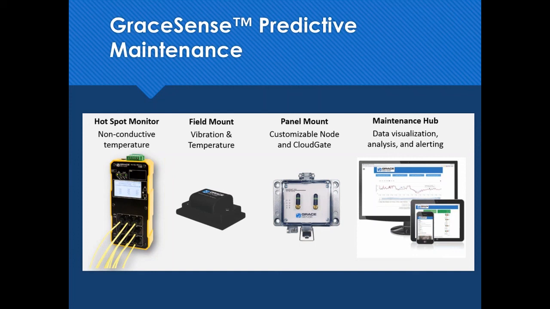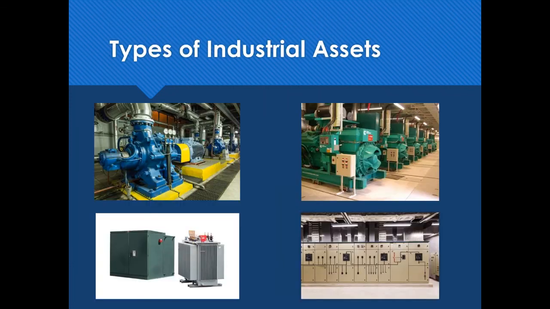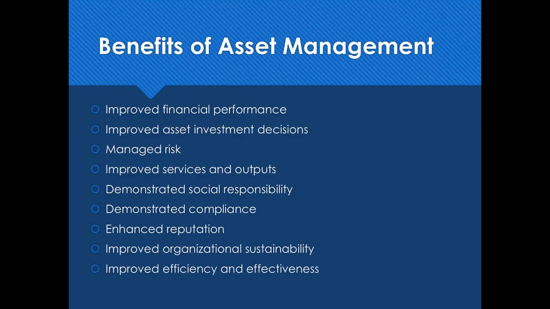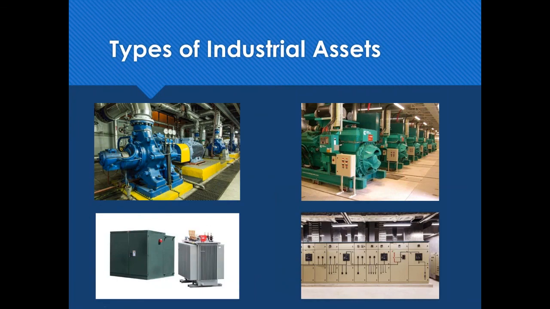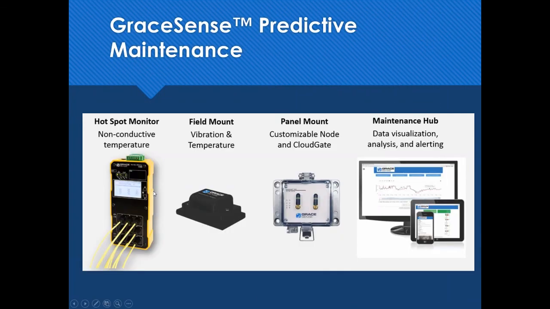So everything I'm showing here, if you go back to the earlier slides, falls under a proactive monitoring approach, where you monitor the asset condition, and these are more like leading indicators, right? So with the use of GraceSense products, you can verify this before the systems collapse, or when an anomaly is detected, it gives a notification.